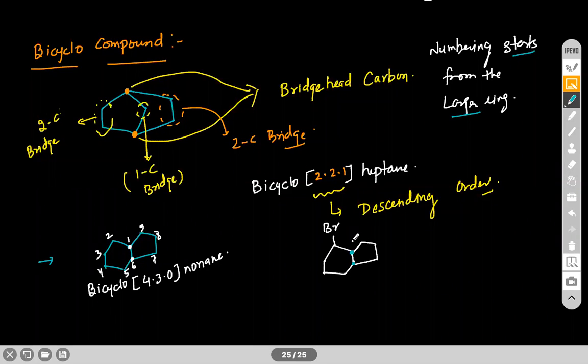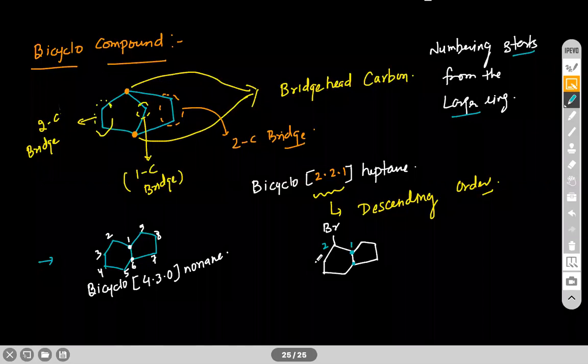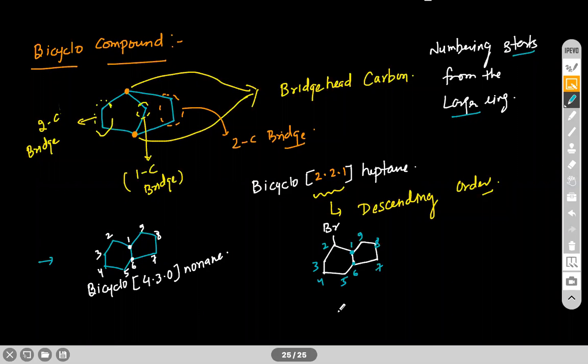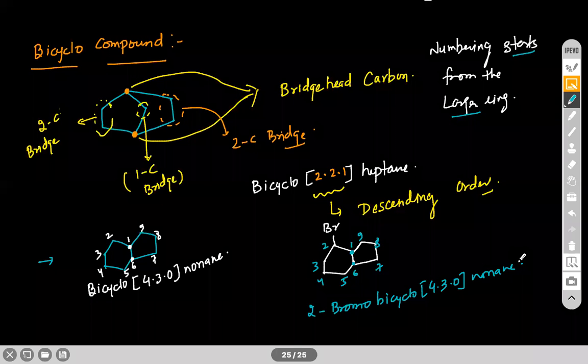We'll start numbering from here: 1, 2, 3, 4, 5, 6, 7, 8, and 9. So it is 2 bromo bicyclo 4.3.0 nonane.